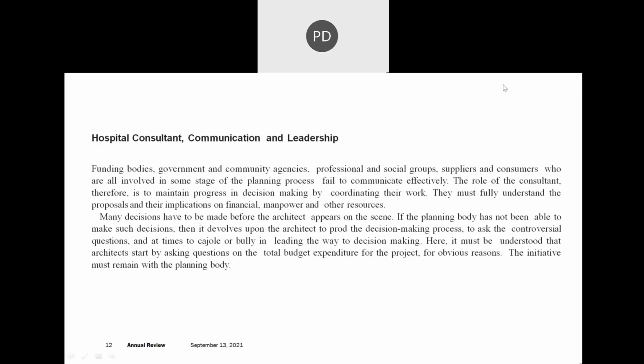Each time you include people in your team, each time you include any government and community agencies, NGOs or any social groups, you have to also tell your vision and make sure of the project requirement: financial, manpower and other resources.